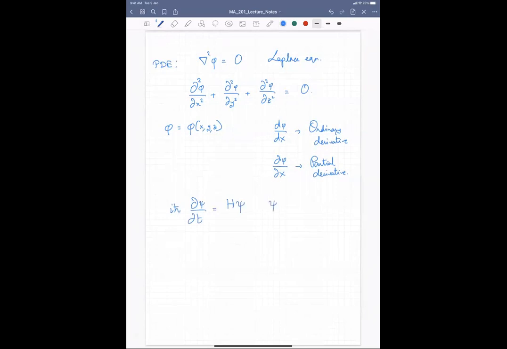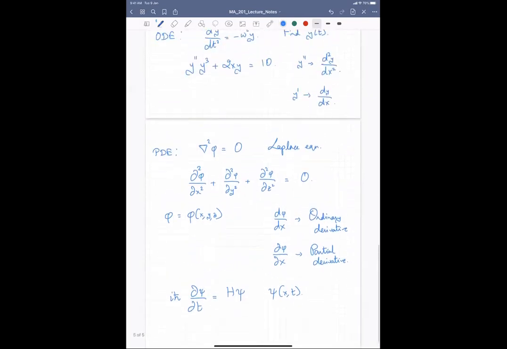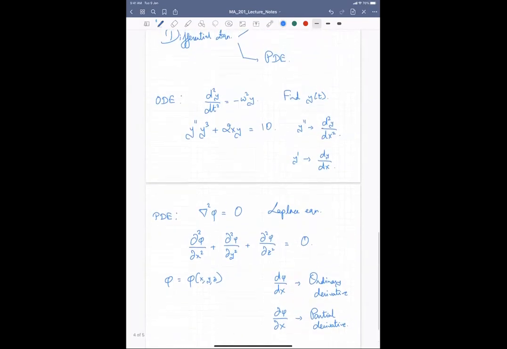Here psi is a function of both position and time, and H, the Hamiltonian operator, involves differentials with respect to position, and the left-hand side involves differentials with respect to time. This is what is called the time-dependent Schrodinger equation. These are all examples of partial differential equations where you have to fix how the solution varies with respect to multiple variables, not just one. Needless to say, ODEs are slightly easier to study than PDEs, so that's why we will start our study with ODEs.